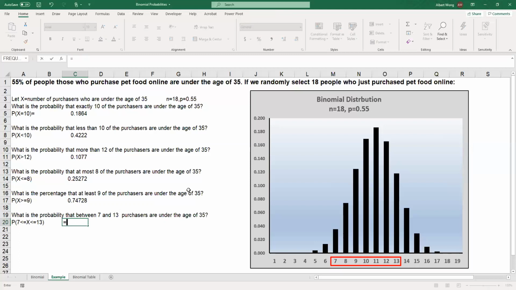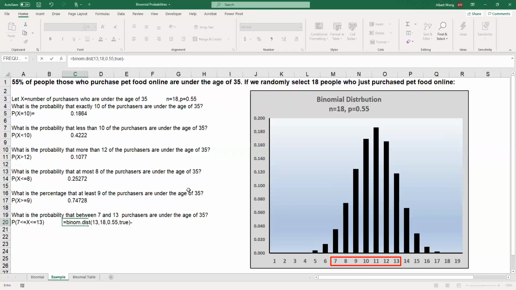You can see in the number axis, very clearly if we draw the number axis, right? So it's binom.dist, 13, all the way 0 to 13, 18, 0.55, and 2. So that's the probability from 0 to 13, and we have to take away the probability from 0 to 6.